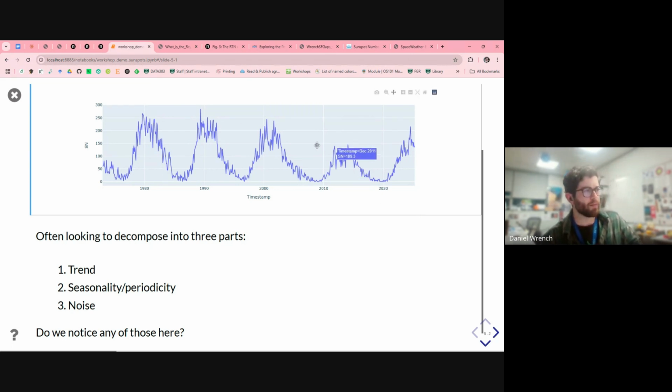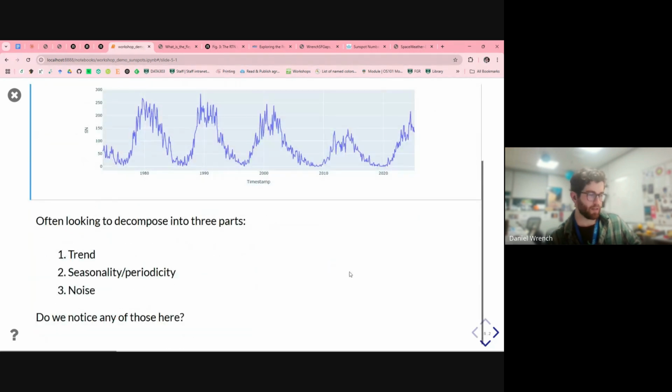So you could make a claim that it's going down slightly, but we'll see later on how we can quantify that a bit better. And then in terms of noise, I'd describe these high frequency fluctuations as noise. You know, clearly underlying it, there's a relatively smooth curve, but on top of that, you have these fluctuations which you would naturally expect to see.